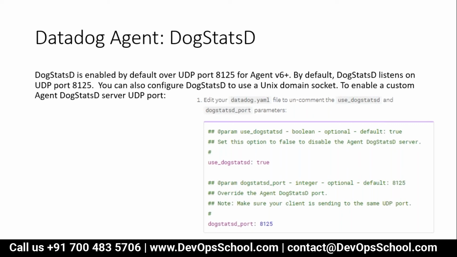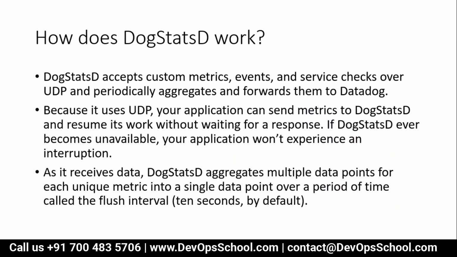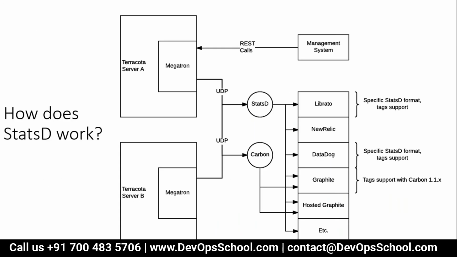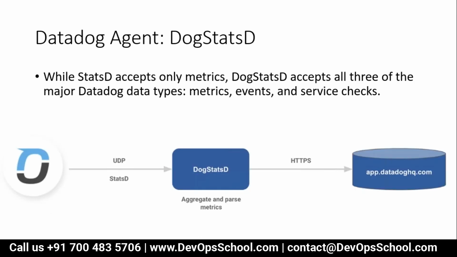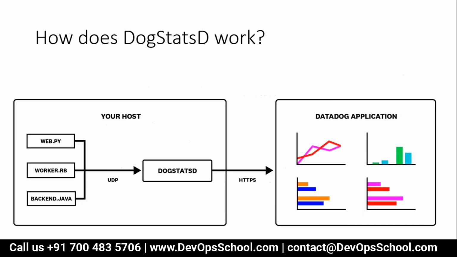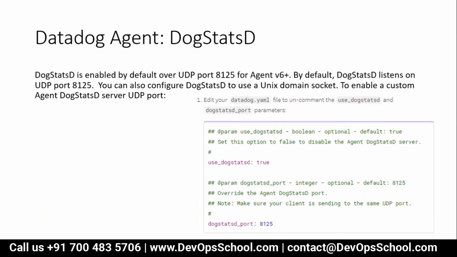DogStatsD listens on UDP port 8125, and here I said, right, instrumentation is the process where you instrument your application and send the data over UDP to StatsD. Here StatsD is a part of DogStatsD. So now you instrument the data, it will send it to DogStatsD over port number 8125, and then DogStatsD will send it to the forwarder.